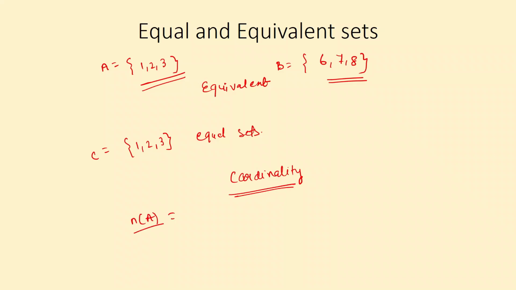So n of A means the cardinality of A. So here A is having three elements, right? So cardinality of A is equal to 3. Similarly, cardinality of B and cardinality of set C both are equal to 3. So if a set is having say 100 elements, then its cardinality will be 100. So equivalent sets have the same cardinality.